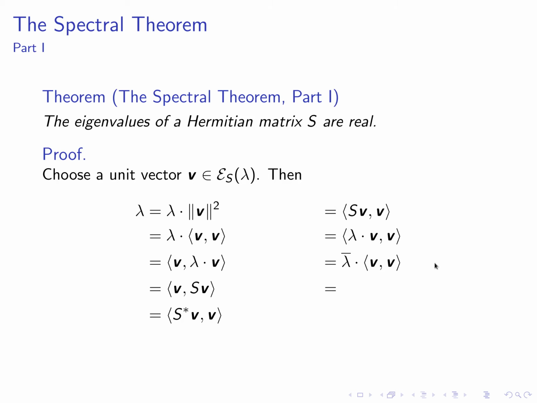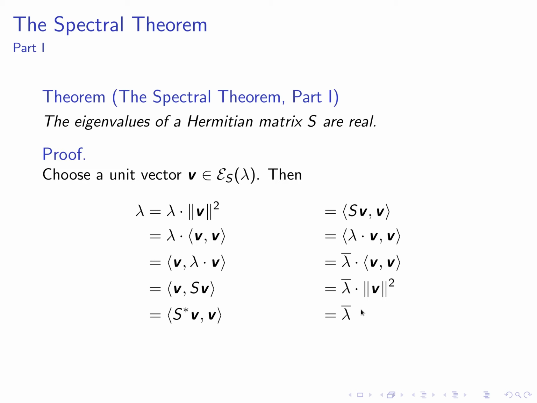Well, we already know that the inner product of v with itself, by definition, is the length of v squared, and v was chosen so that its length is equal to 1. So this quantity is equal to the conjugate of lambda. So in our calculations here, we have lots of equalities, but the very first thing we wrote down was lambda, and the very last thing we wrote down was the conjugate of lambda.